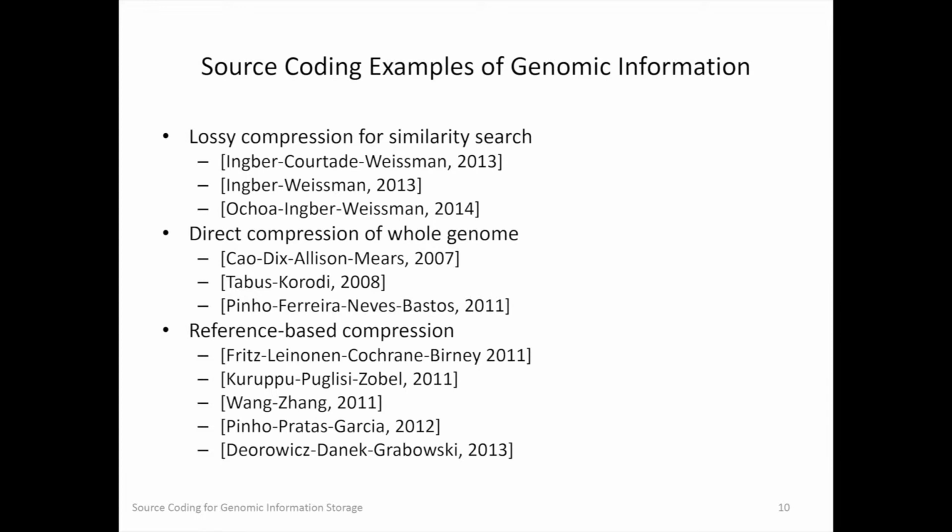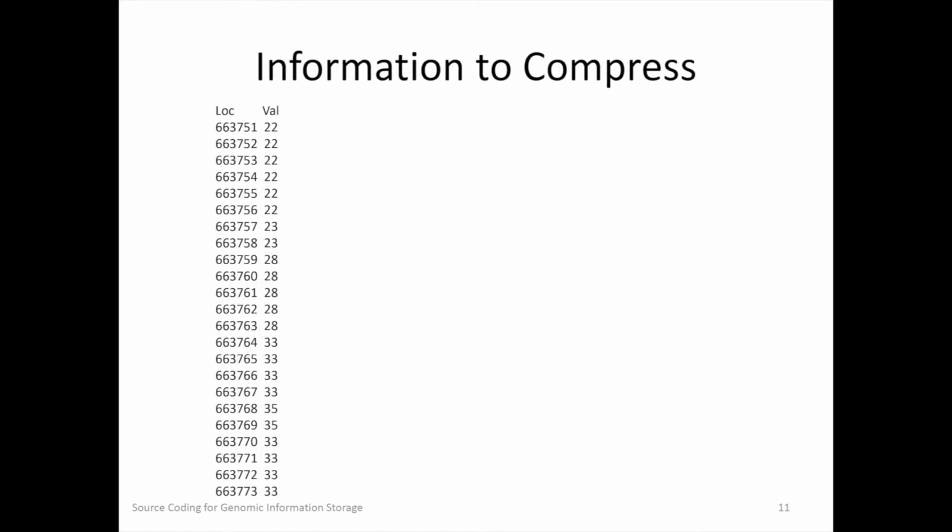The reference-based algorithm is based on the fact that human beings have only 1% difference in their genomes, so you can take a reference genome and compress only the differences. However, not much work has been done for sequences of expression values. As a result, this will be our target.